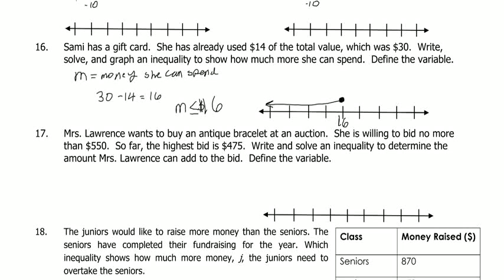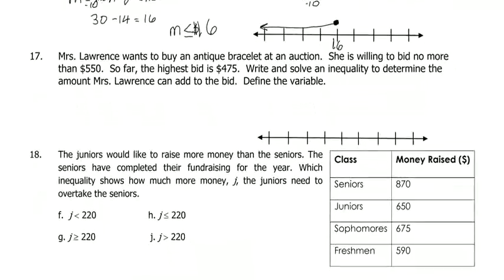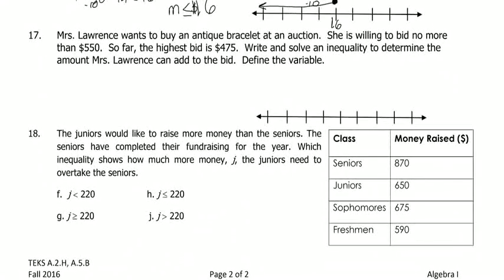Number 17 is talking about Miss Lawrence, who wants to buy an antique bracelet at an auction. She is willing to bid no more than $550. So far, the highest bid is $475. Write and solve an inequality to determine the amount Miss Lawrence can add to the bid.